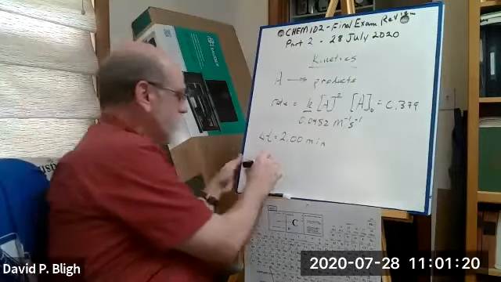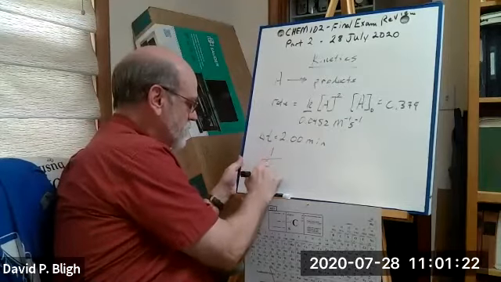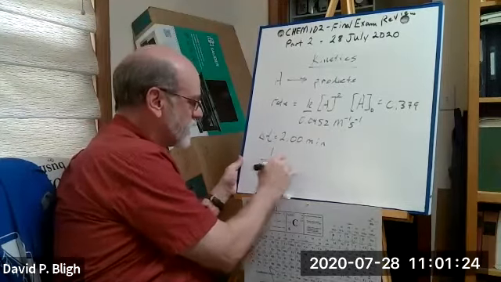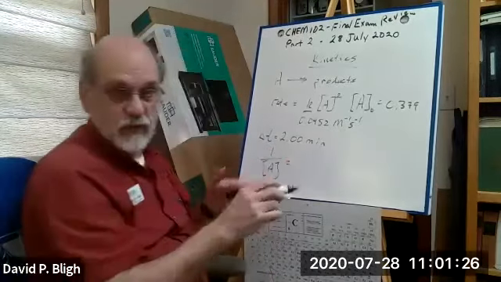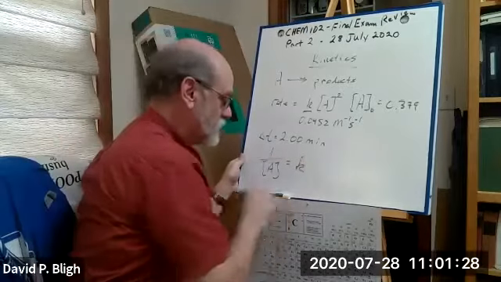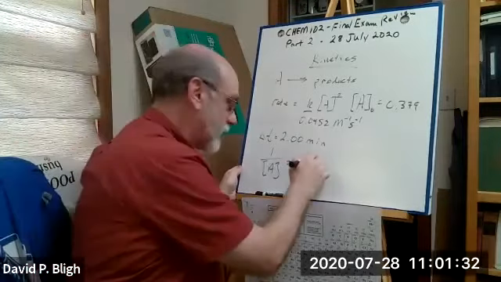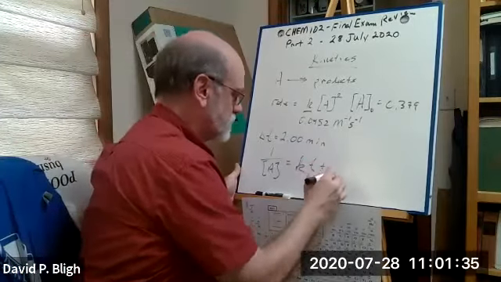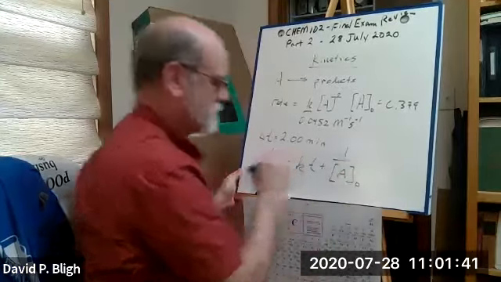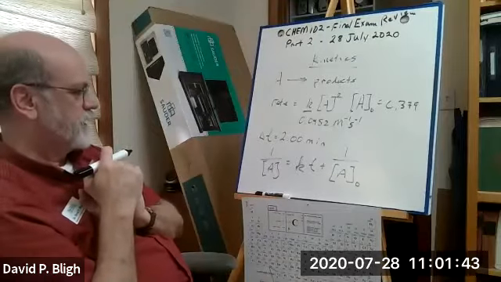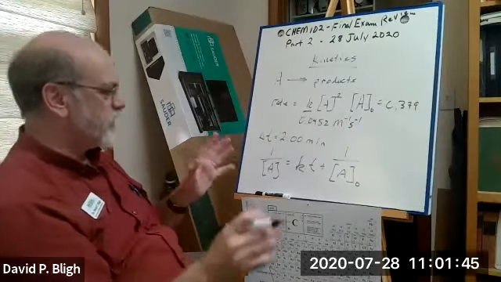So that means that the inverse of the concentration at any time t is equal to the K value times the time plus 1 over the initial concentration. Okay? So, do we have enough information now?